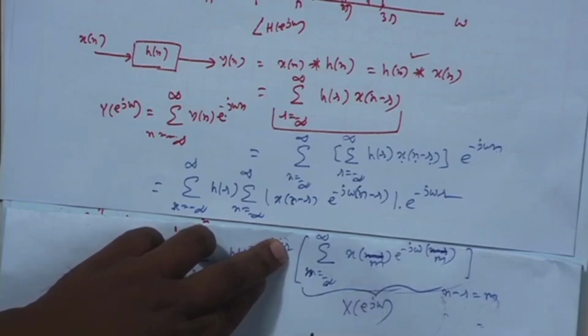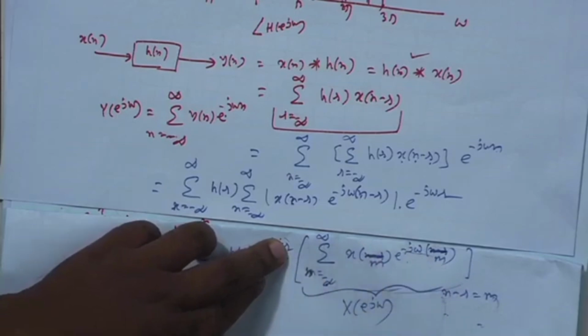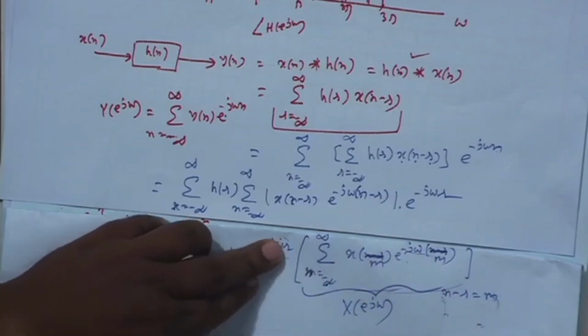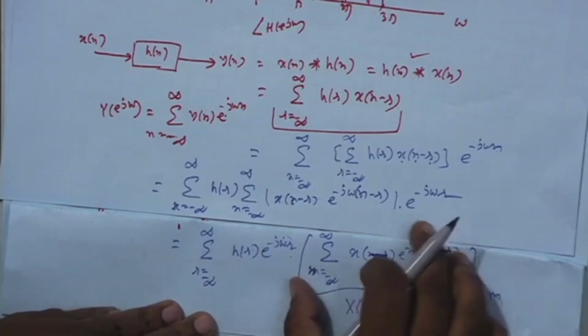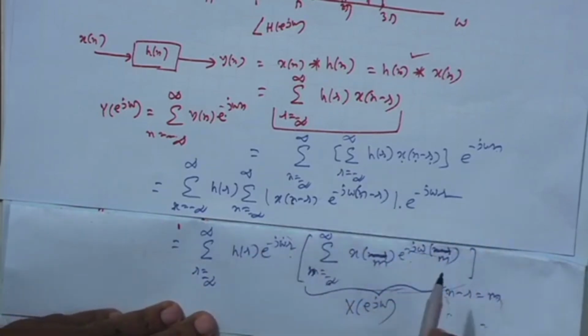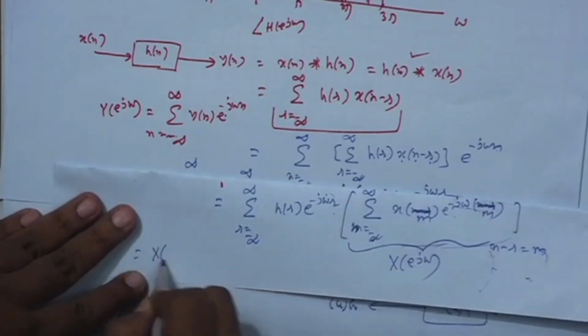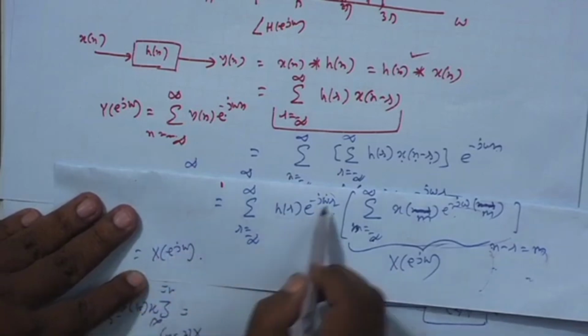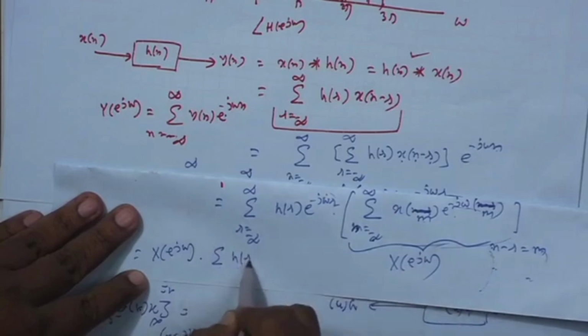For any m you choose, summation from minus infinity to infinity of x of m e to the power minus j omega m. Okay. So, you get this, and this again does not depend on r. This summation is a constant, independent of r, independent of any index. So, this will go outside. This inner one remains as it is.